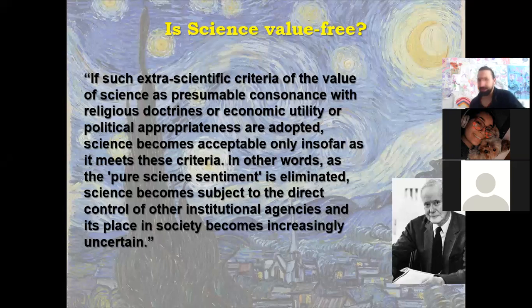So one example that he gives, and again, I'm encouraging you, if you can think of other examples, let me know. One specific example that he gives of political appropriateness is what happened to the quality of science in Germany prior to and after the rise of the Nazis.